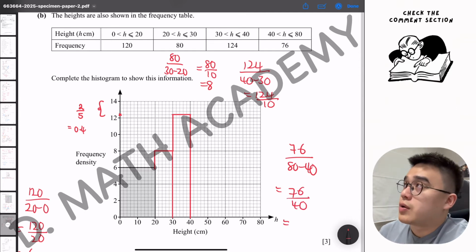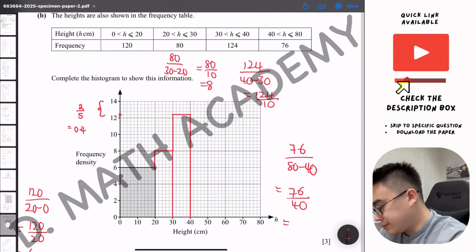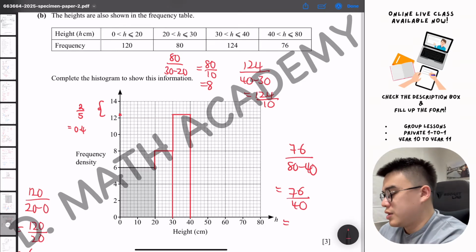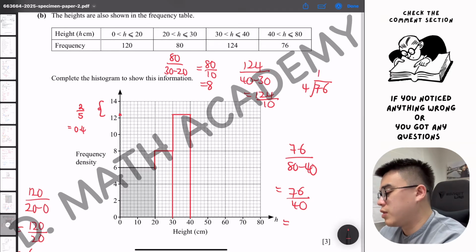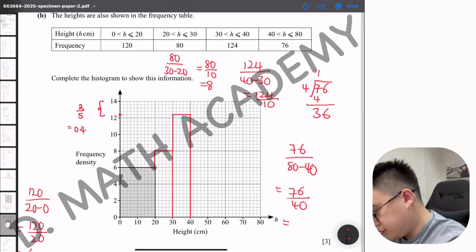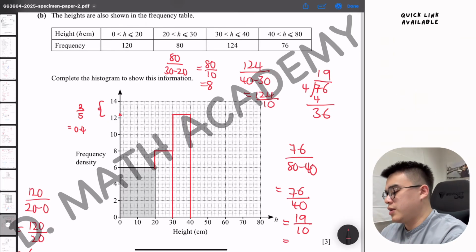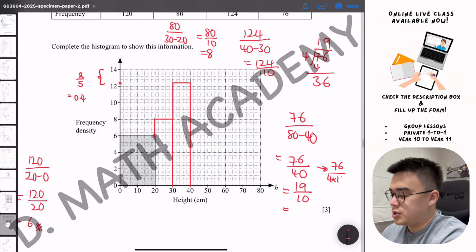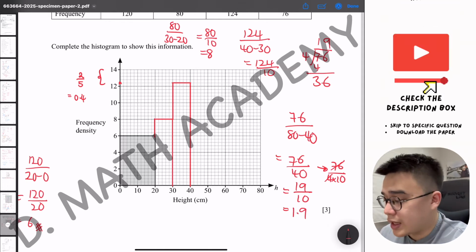We can divide 76 by 4 first, so it's 19 over 10. What I did here was I split up the calculation. I let 4 and 76 cancel off each other first before making it 1.9.